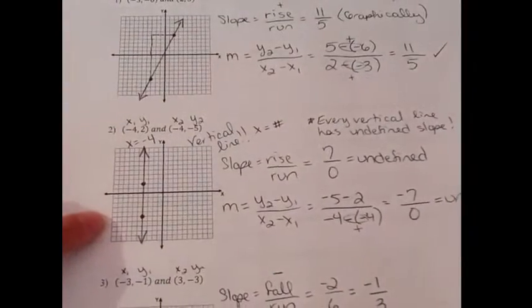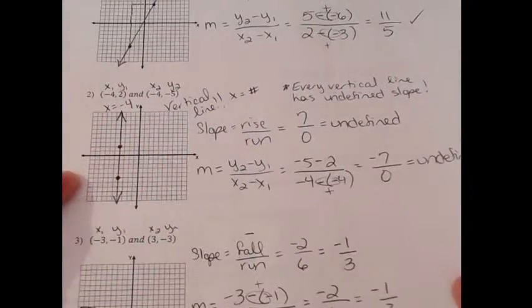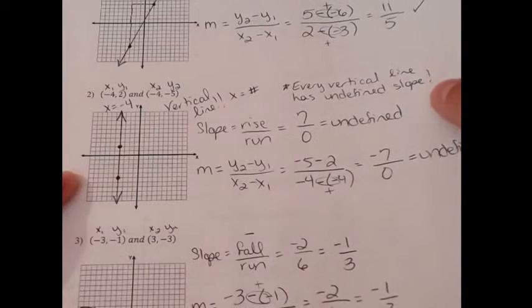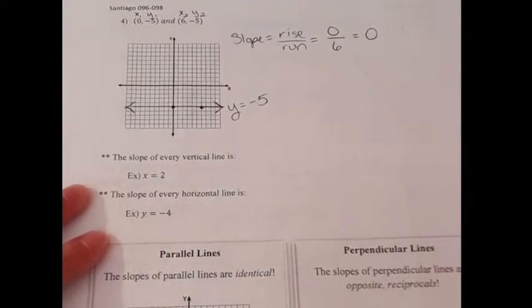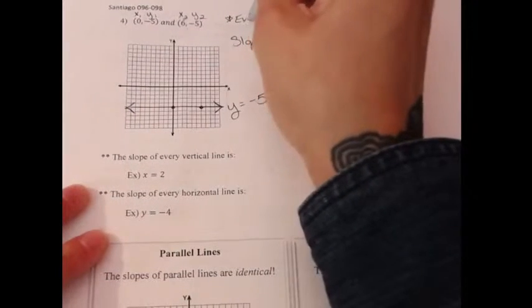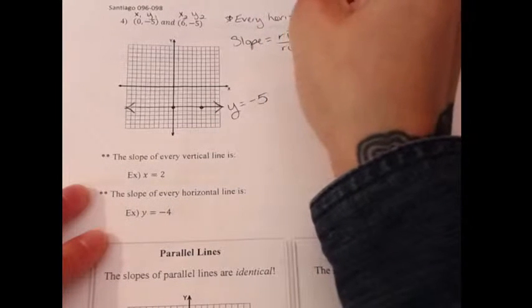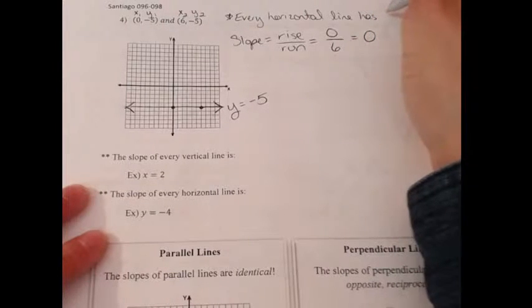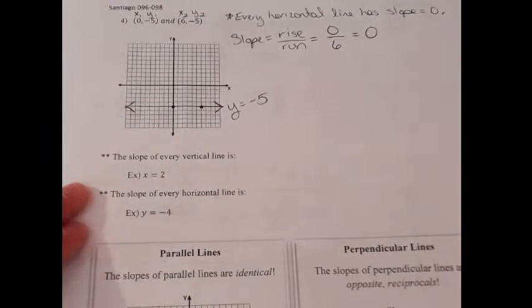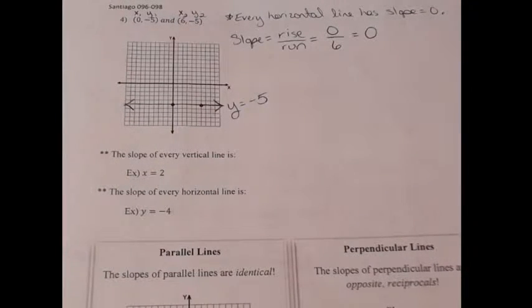Whereas before, when we had our vertical line, we had a slope that was undefined. And we made a note that, oh, every vertical line has undefined slope. We're about to write a note about horizontal lines this time. So every horizontal line has slope equal to 0. Every horizontal line has slope equal to 0.